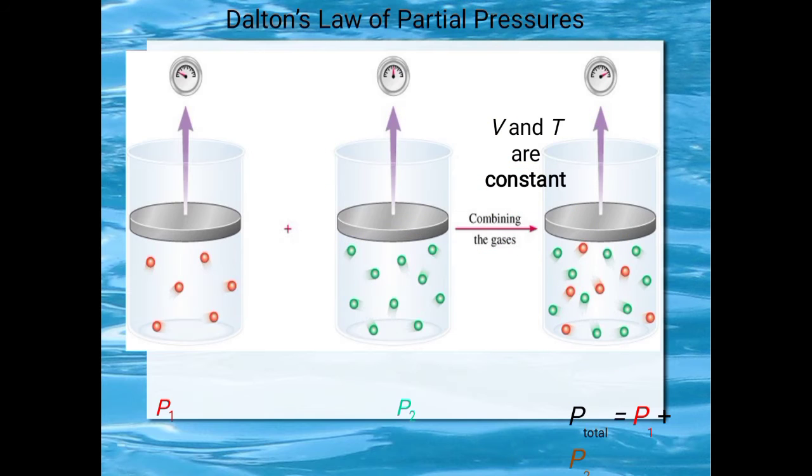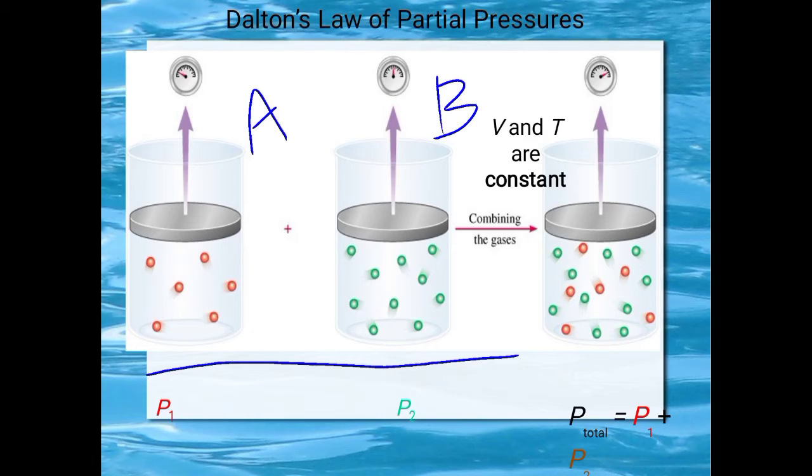Then we'll move to Dalton's law of partial pressure. In this you can see three containers. Container A having gas A, container B having gas B, and container C having both A and B. In container A there will be the pressure of gas P1.